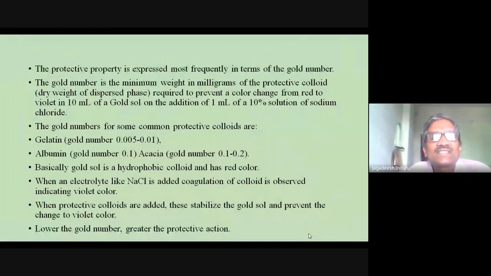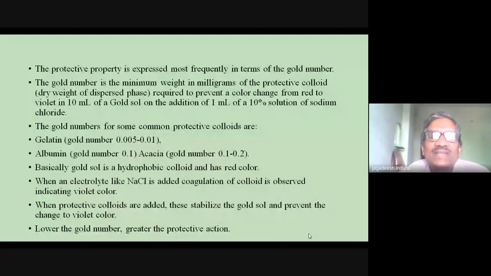That much mg is added to have the protection effect. If you add less than that, it will convert into the colloidal state, changing from red to violet, because the protective action is not there. And beyond this number, when you add it, it will have protection.